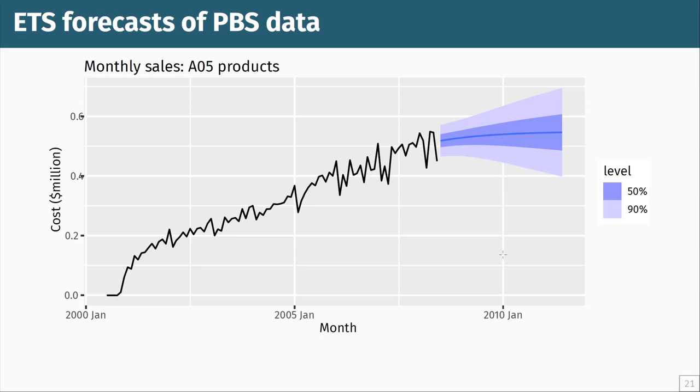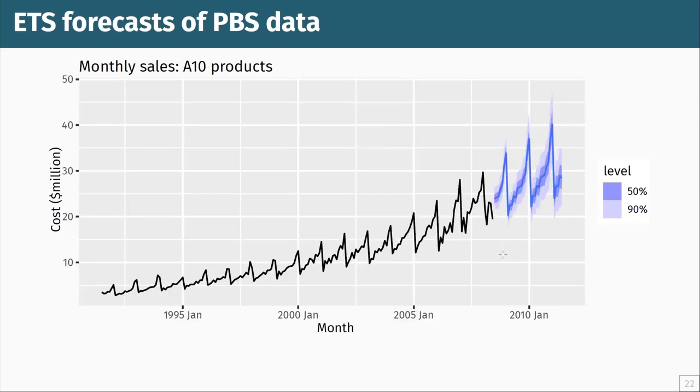And here's some examples of PBS data using more recent data than that initial project. So this is one example of a product with not much seasonality and a decreasing trend, and there's the forecasts from my model. There's another one, strongly seasonal, increasing trend, and the forecast much tighter because it's a stronger pattern.